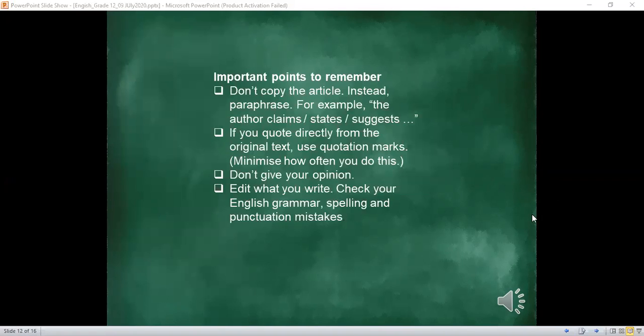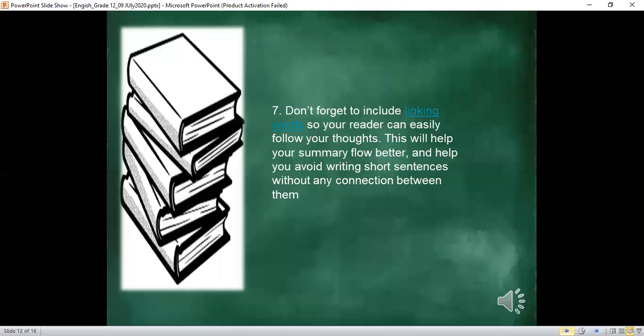Also avoid short sentences without any connection with them. So there must be, obviously, these linking words that will create this concord or agreement between sentences and phrases, which allows your summary to flow.